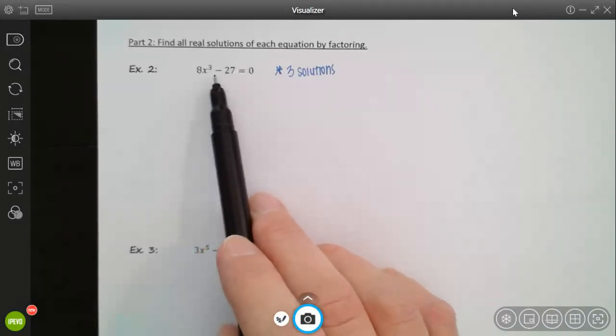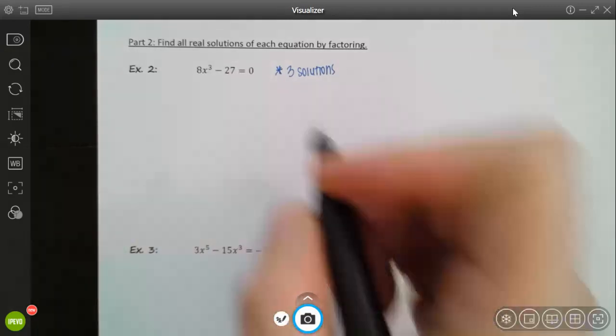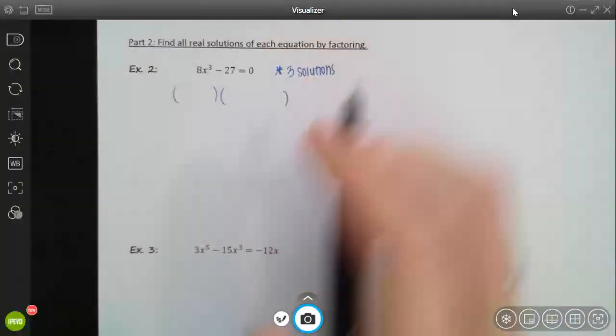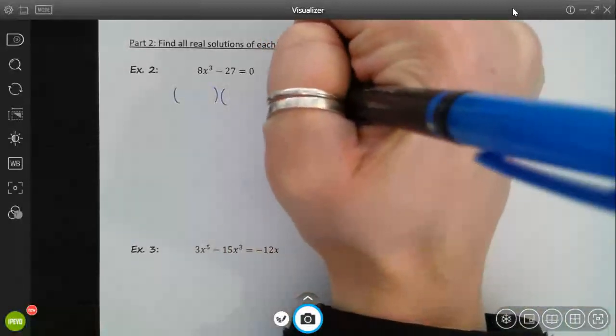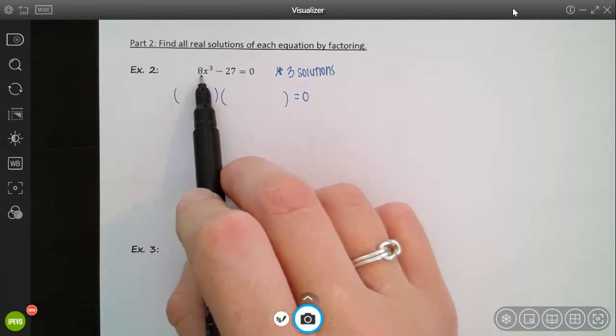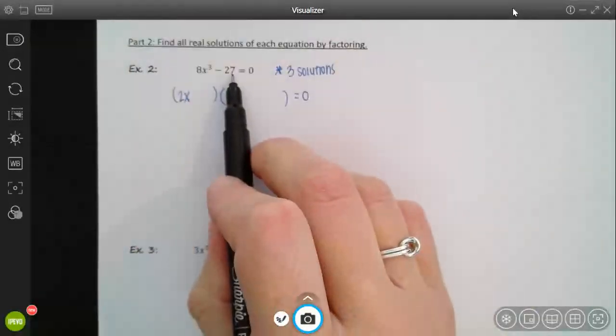I've got a minus in between here, so I'm going to use my SOAP factoring pattern. So I'm going to go ahead and set up my binomial. I'll set up my trinomial. And this time I am solving an equation, so I want to make sure that I'm bringing down the equals 0. So my binomial is going to be the cube root of 8x cubed, which is going to be 2x. Cube root of 27, which is going to be a 3.